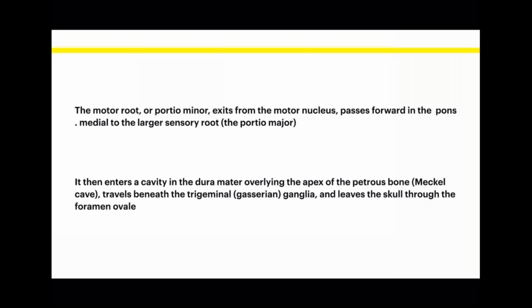Then it goes down during the course from the pons down to the dura mater, to the apex of the petrous bone in the Meckel's cave, travels beneath the trigeminal ganglion and leaves the skull through the foramen ovale. Why it's important to know the origin and the course, just for later when we talk about the lesion, we know where it's coming from, and we can relate all the lesions according to the place.